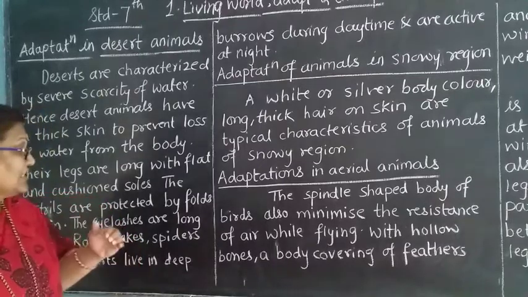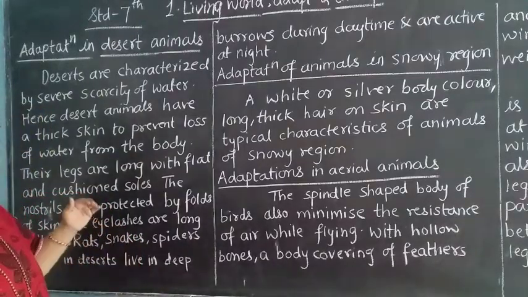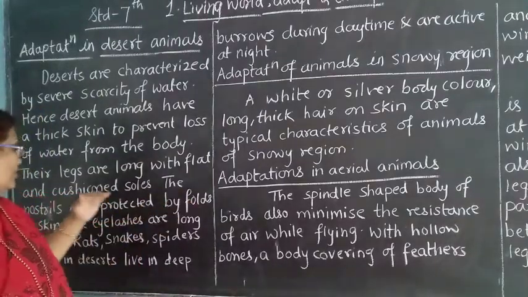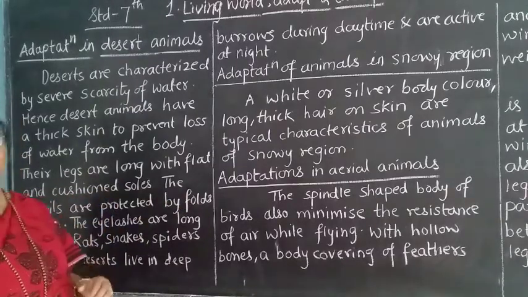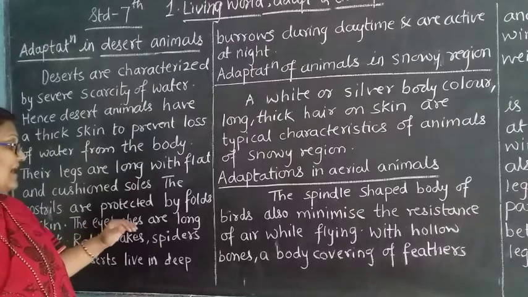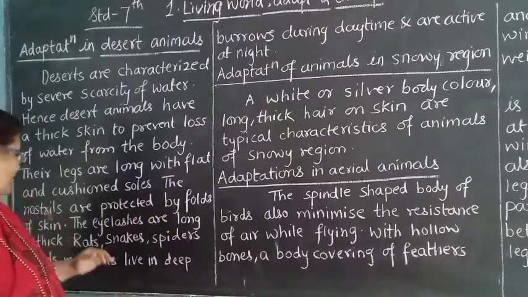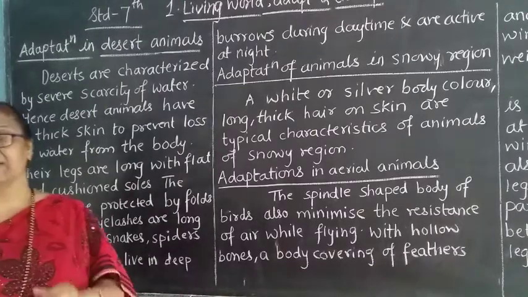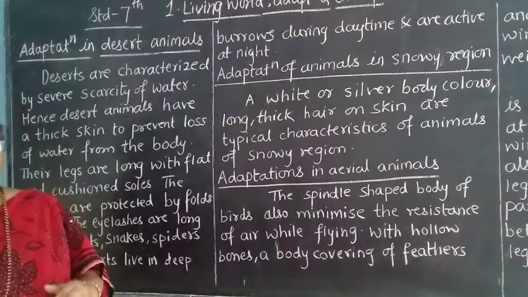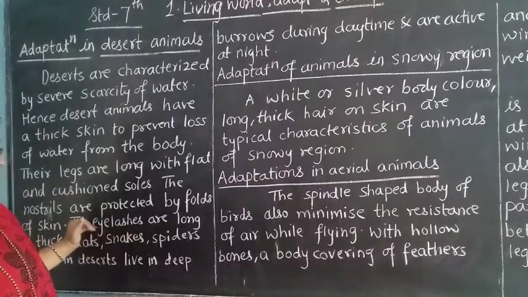So nature has provided them folds, the nostrils are protected by folds of skin. Then see, eyelashes are long and thick, as they have to protect from the wind and soil, they have thick eyelashes also.